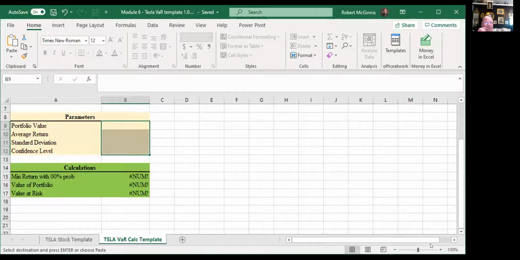So what you're looking for is the value at risk going to yield the results that you want? So I'm going to, well, I don't have those values in there. So, okay, so it's going to give you the value of the portfolio, the minimum return, and the value at risk.